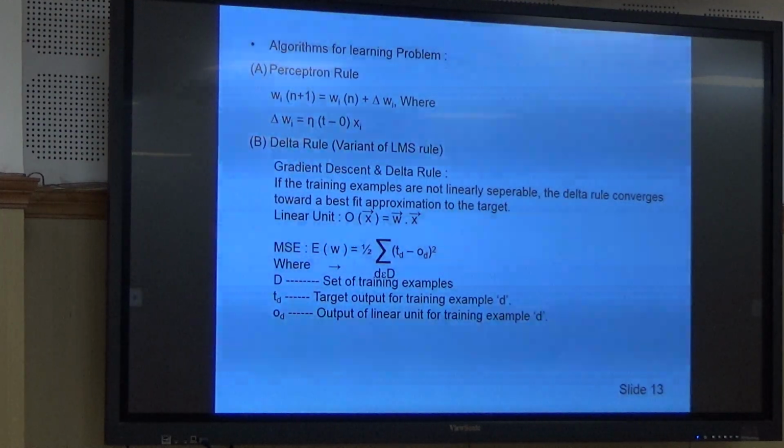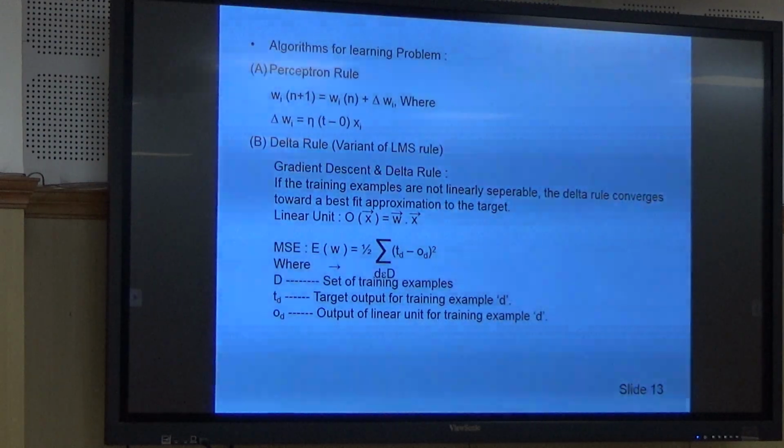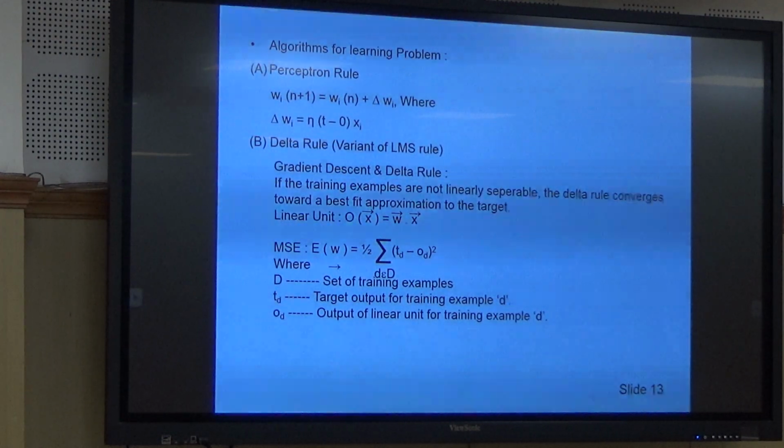So it so turns out that we run into an optimization problem. What is the optimization problem? Given the training examples, how should we choose the synaptic weights so that the error goes down? So initially we set them.